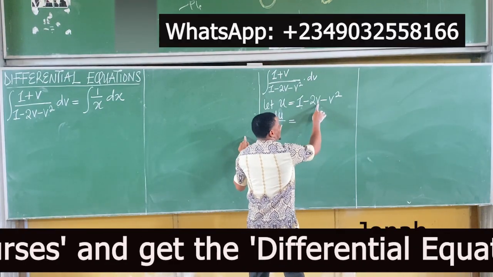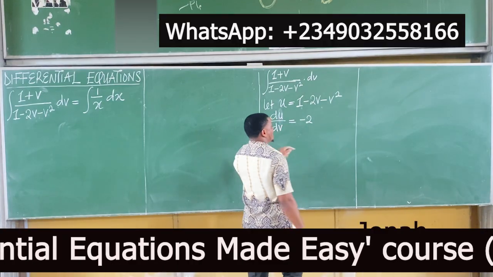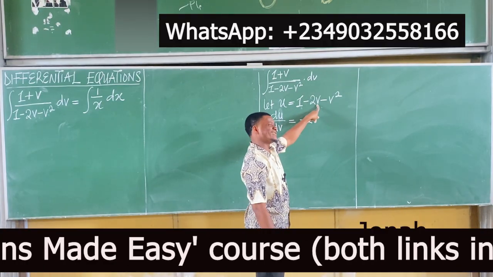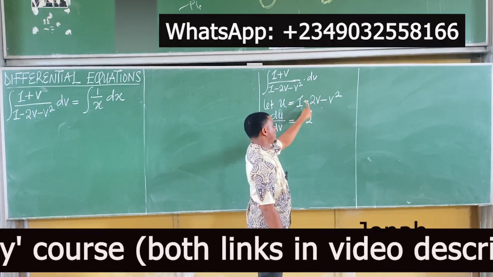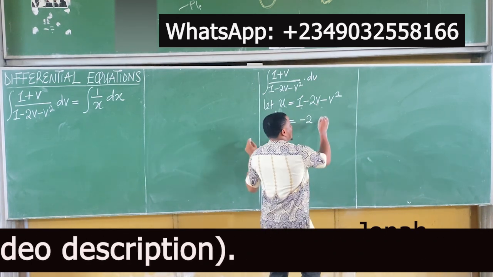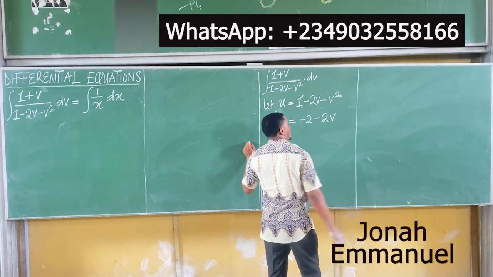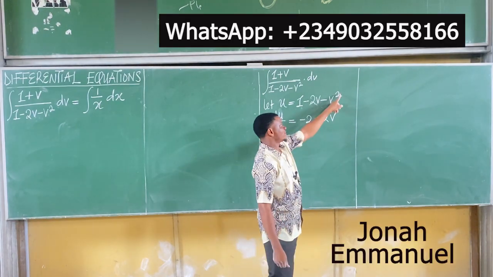Differentiate minus 2v, that gives minus 2. Just imagine v was x. If I differentiate minus 2x, I'll have minus 2. Minus, differentiate v squared. What do you get there? 2v, obviously. Multiply by the power, subtract.